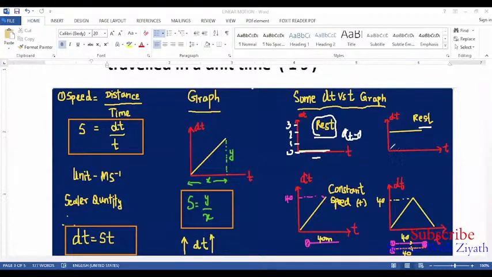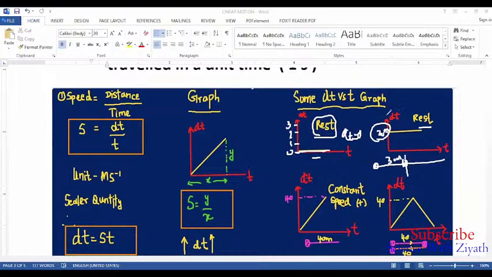But here, look at this one. If it's a 30 meter, for example, the graph has been moved for 30 meter in the graph at the point.